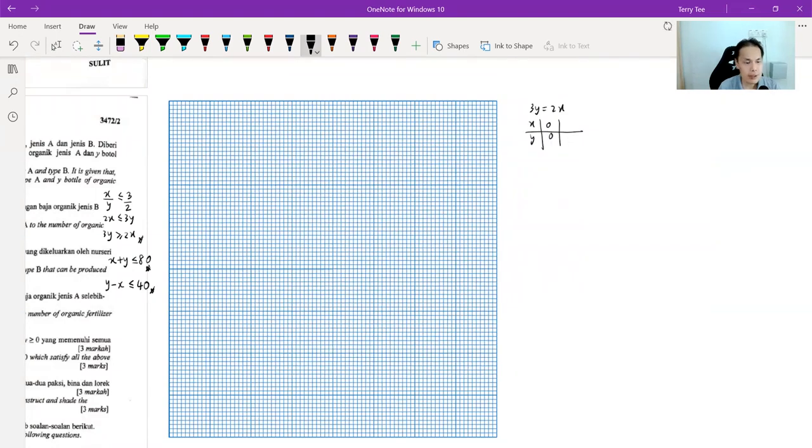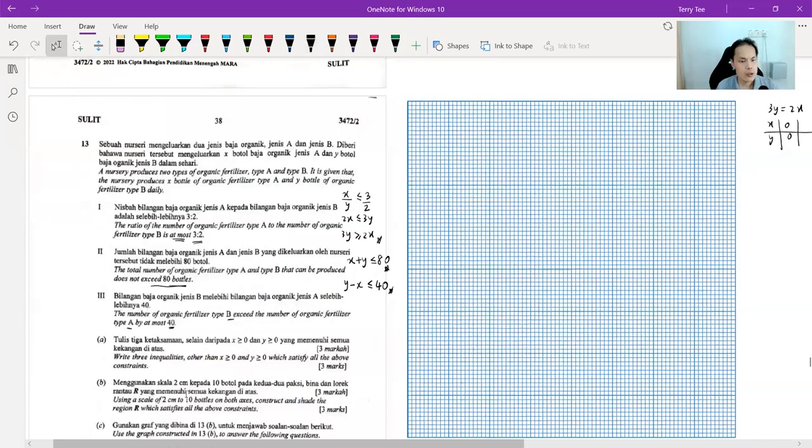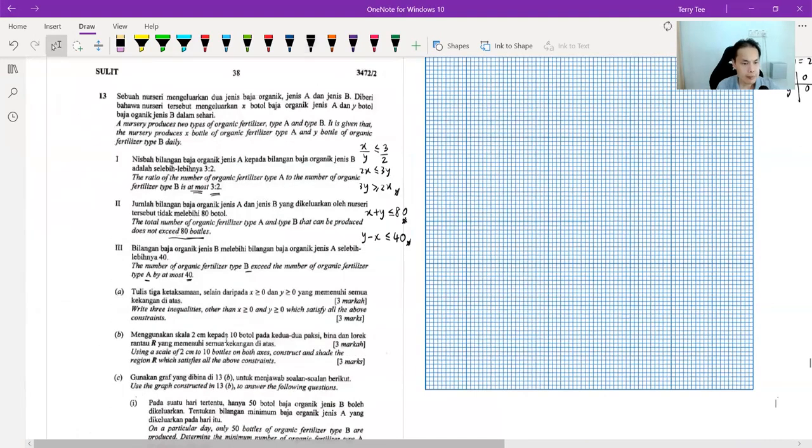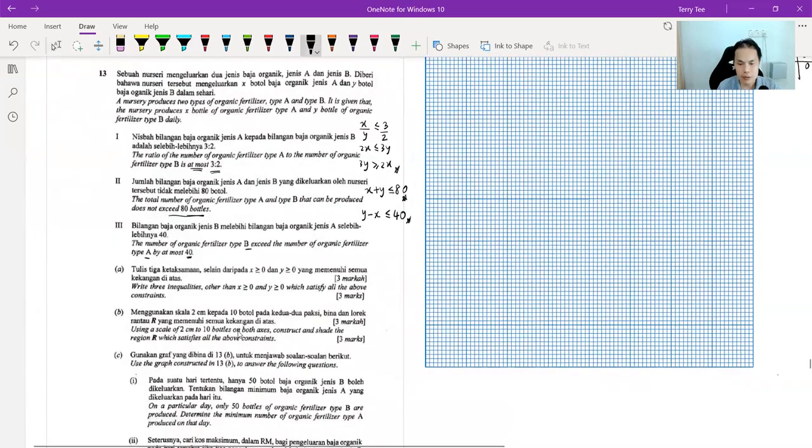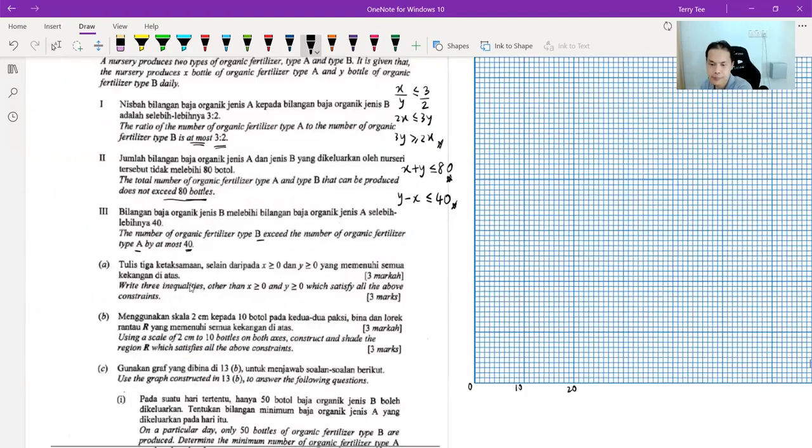The second point we can use any point, but let's check the scale again. The scale given is 2 cm to 10 units. So maybe I just label here first. This is 0, 10, 20, 30, 40, 50, 60.